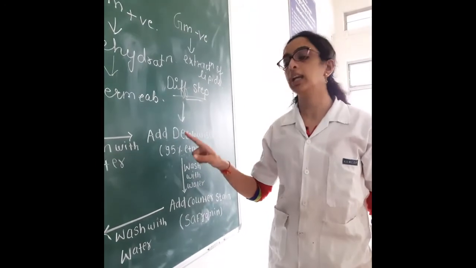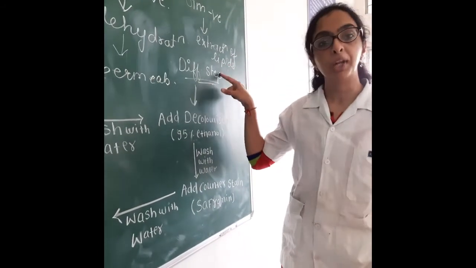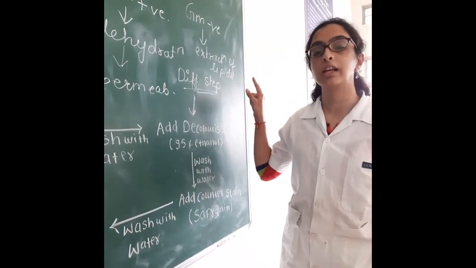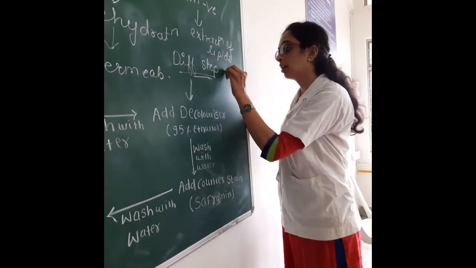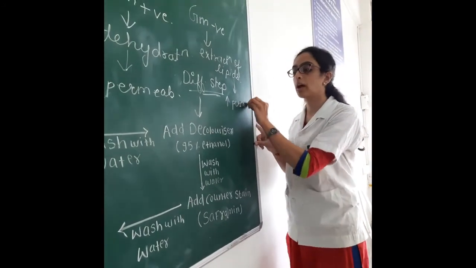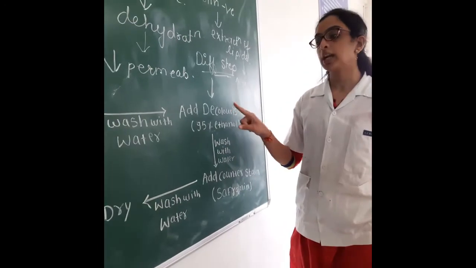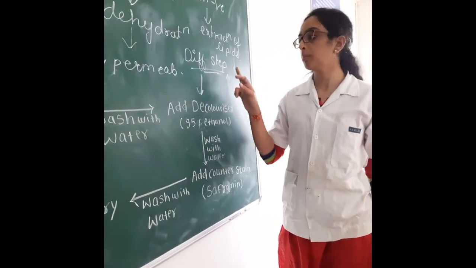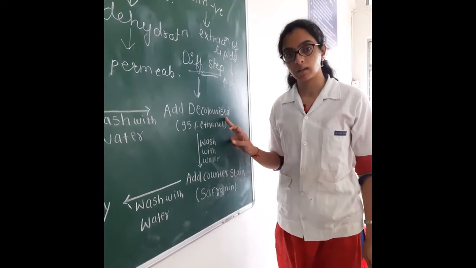So whenever you add this alcohol, it will cause the extraction of membrane lipids present in the cell wall of the gram negative bacteria, and because of this, the permeability increases, and thus after addition of the decolorizer, the gram negative bacteria get decolorized.